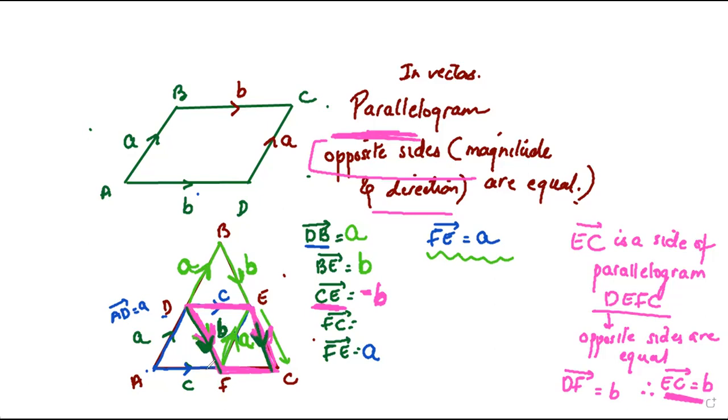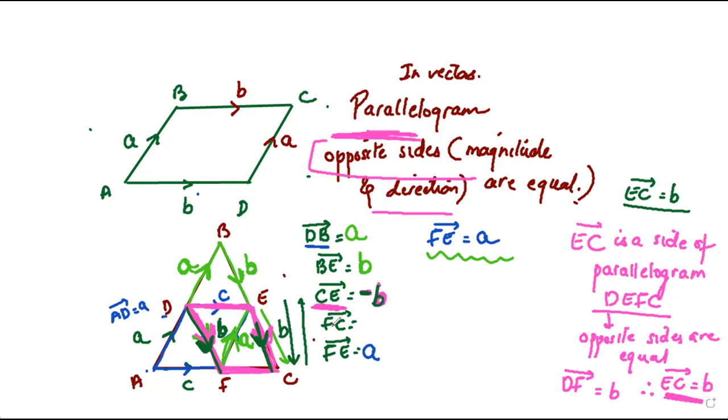If the value of D to F is B, that means E to C is B as well. It helped me in finding E to C, which is B. But they're asking not E to C, they're asking C to E. So the value remains the same, but the direction changed. That's why the value will be negative B.